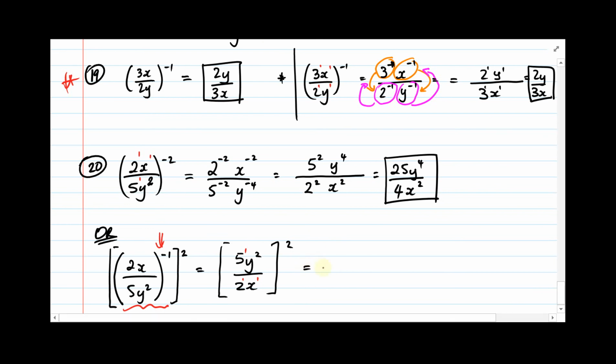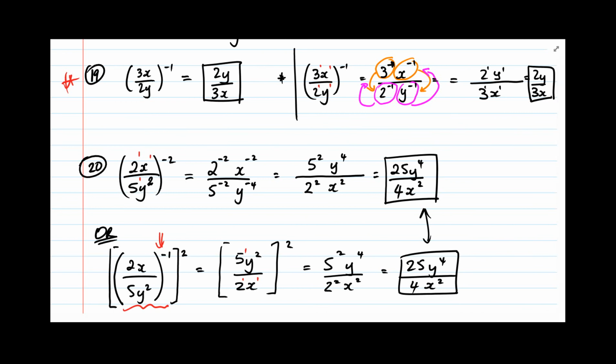And so I have 5 squared y to the 4th over 2 squared x squared. 5 squared is 25 over 4x squared. Same answer, just turned around a little bit differently. Okay. Again, choose whichever method you prefer.